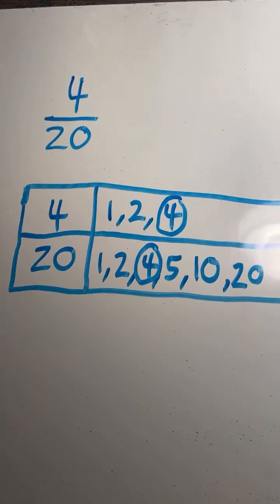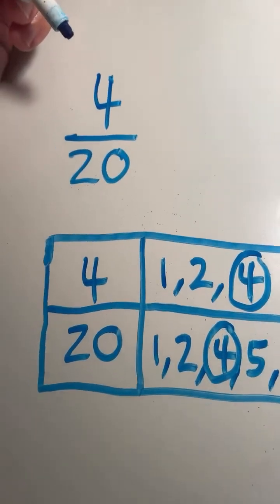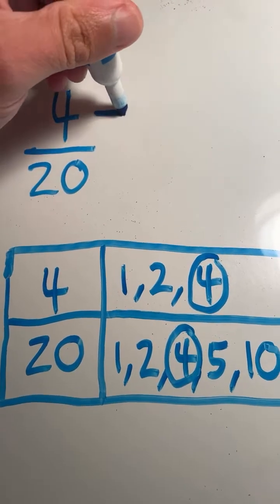So 4 is what we need to divide by to reduce this fraction to lowest terms.